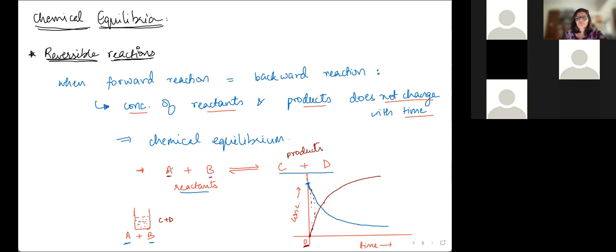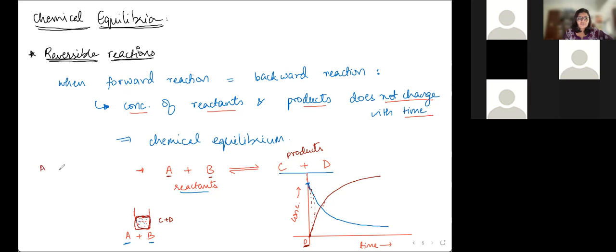If one molecule of A and B have gone, that means one molecule of C and D have been produced. If two of these have gone, two of these have been produced. It's kind of like that. So as this decreases, this increases. Both happen simultaneously. Now I want you to imagine what is happening in this beaker, the reaction itself.